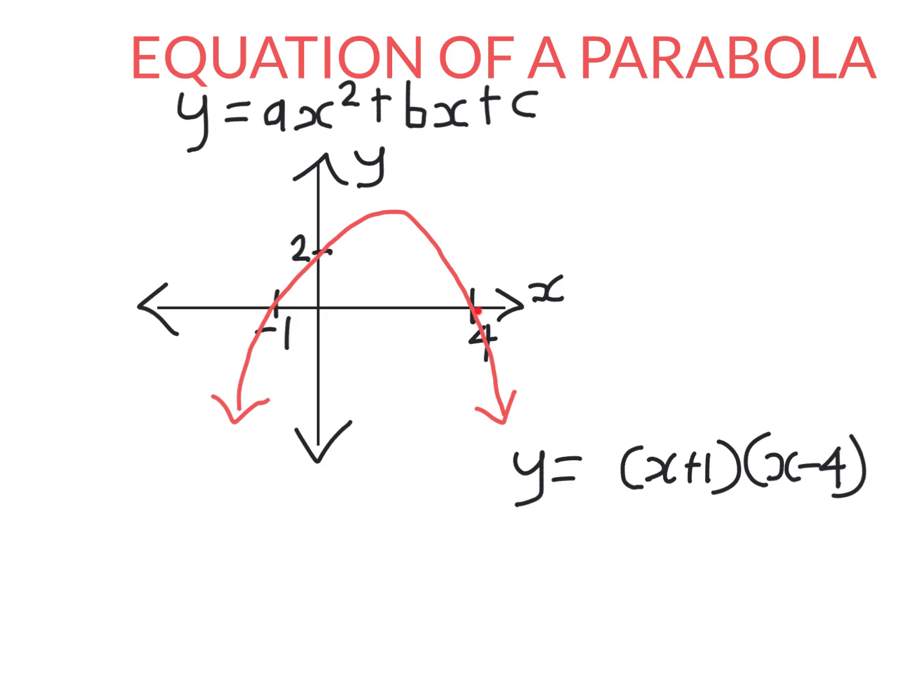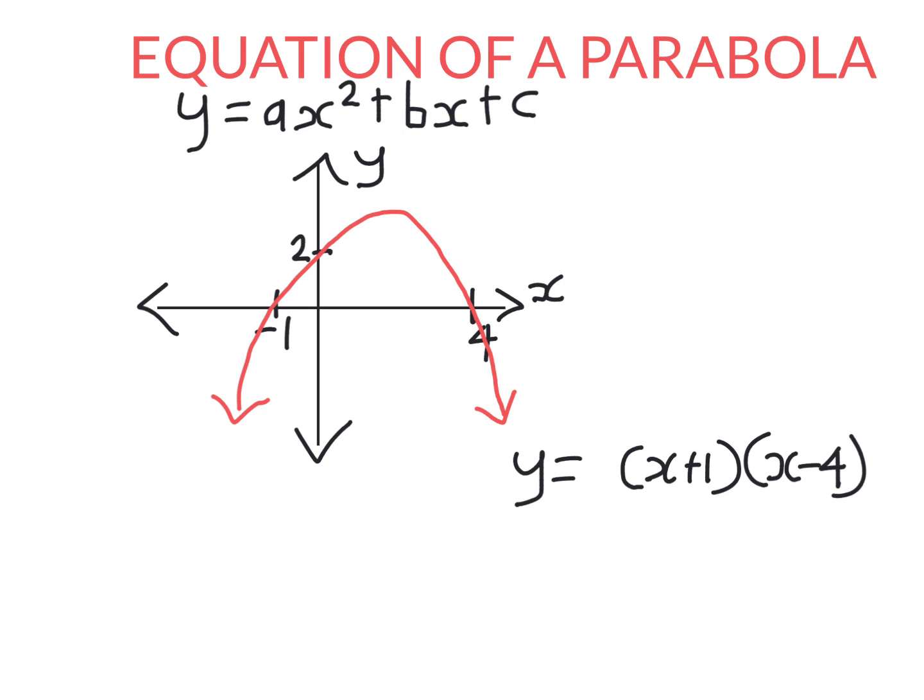Remember, y equals 0 at each of these 2 points. So when you're finding the equation of a parabola with x-intercepts given, it's x minus first intercept times x minus second intercept. But there is a slight problem with that.